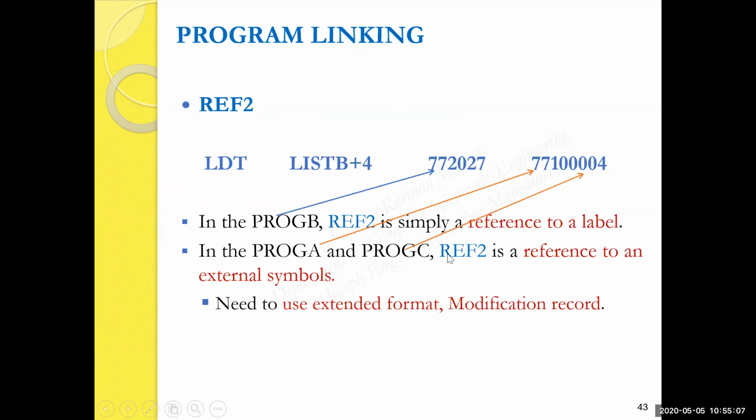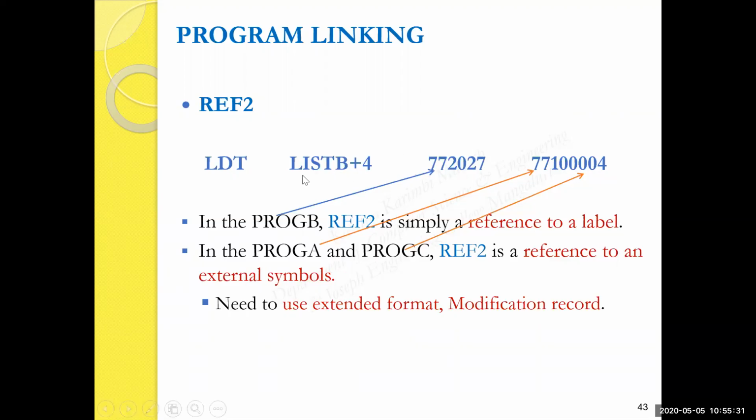While in programs A and C, the reference to the symbol list B is an external reference, and hence the assembler is not able to completely assemble the instruction because the value for list B is unknown. Hence it assembles the instruction using the constant value plus 4 that is provided as a part of the expression defining the operand.